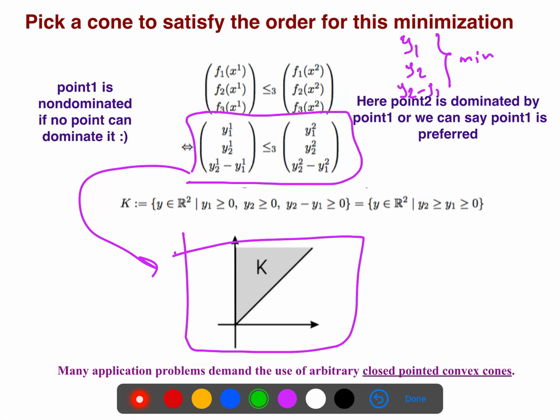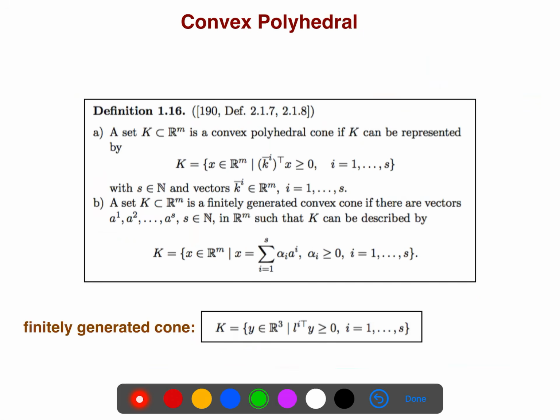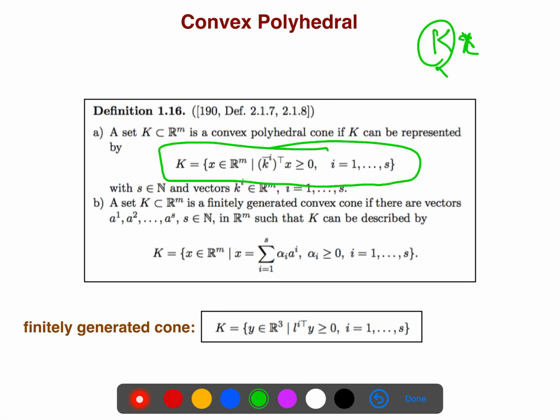But in general, in portfolio optimization, for example, it could be arbitrary, and you need to care that it is pointed, the origin is inside the cone, and it is closed and convex. Convex polyhedral cones are special because you can define them by a matrix, for example Kx, where K is a matrix, and they are finitely generated.